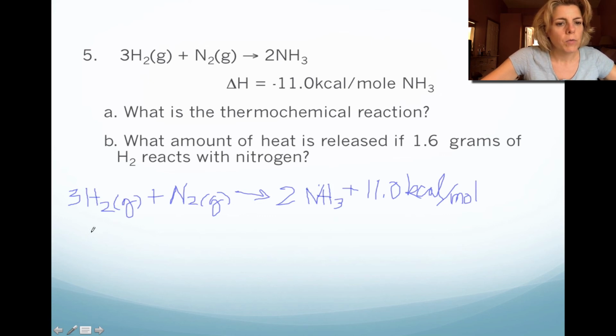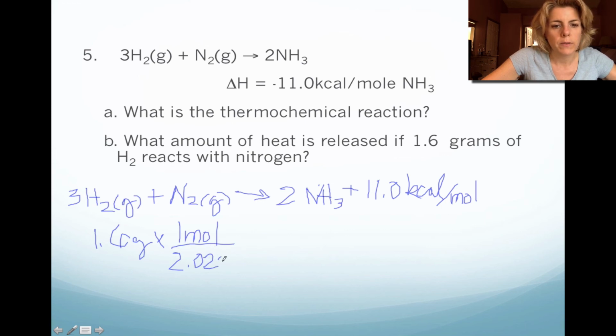Now they want to know, if I have 1.6 grams of hydrogen, so all I have to do is convert that to moles. And then I'm going to multiply it by the kcals per mole to get just kcals. So I'm going to divide 1.6 by 2.2 grams, and that gives me 0.799794 moles.